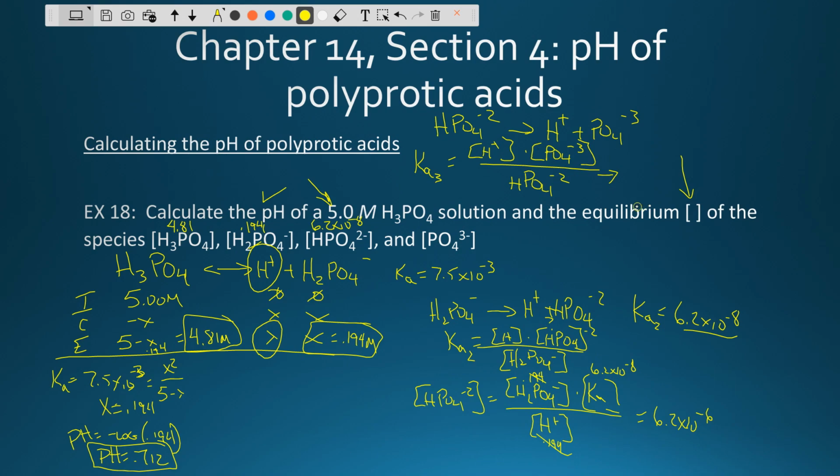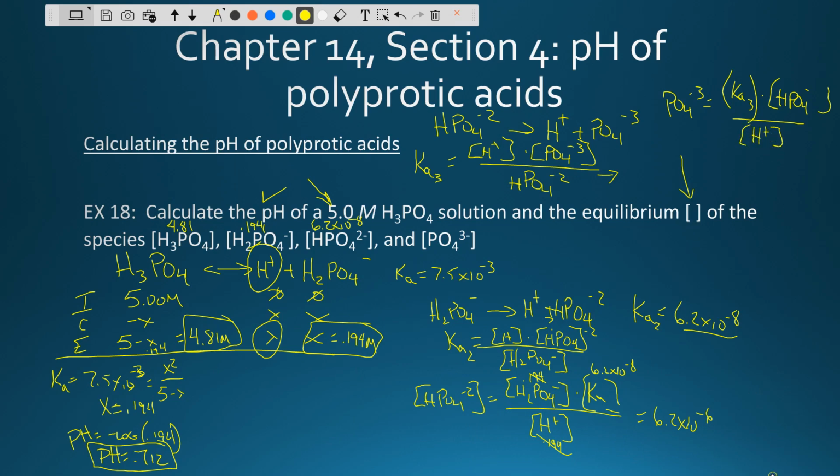I don't want to lose you guys in any of the steps here. My PO4 3- ends up being my Ka, my third round now, times my HPO4 2- concentration, and that's going to be over my H+ concentration.